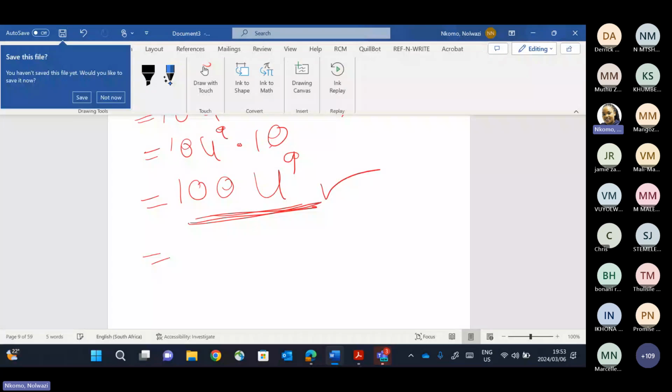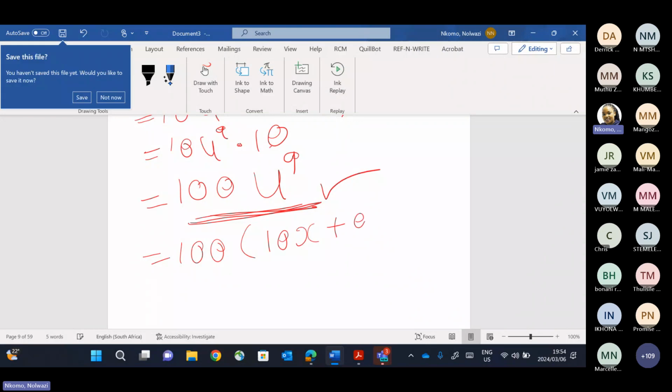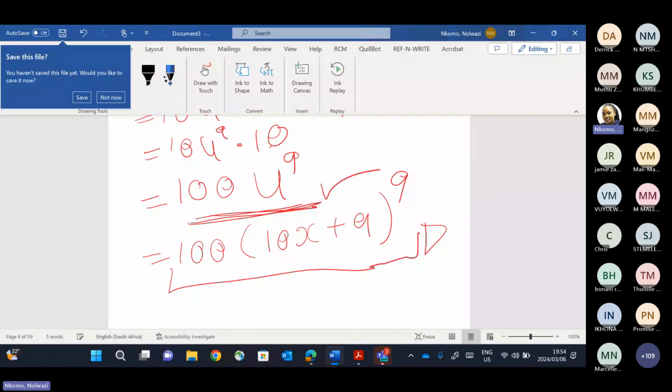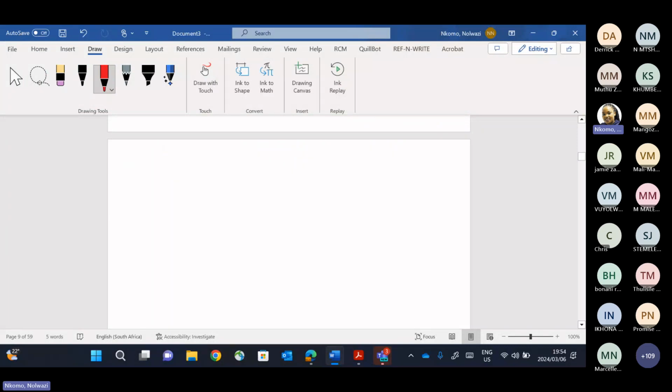Where there is u, you put 10x plus 9. So this means we have 100 times (10x plus 9) all to the power 9. Okay, this is your answer. Okay, now suppose you have y equals e to the power 10x plus 9.